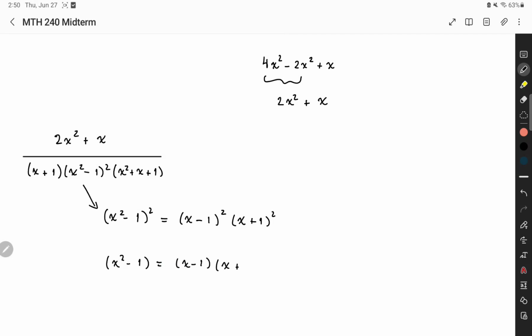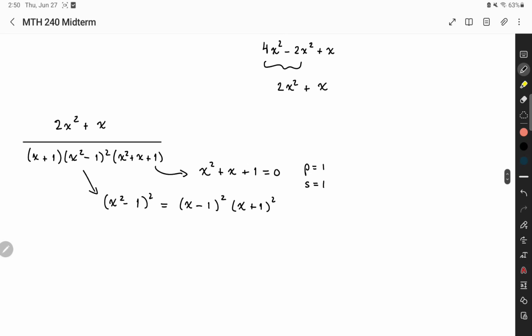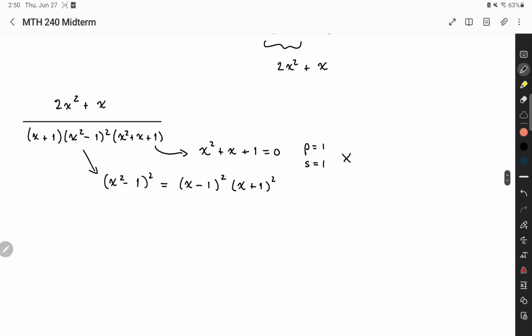And since it's to the power of 2, that's why we have it to the power of 2. So that's that. What about this expression? Well, we can try factoring it. Our product would be 1, our sum would be 1. So yeah, you can't really factor this. So we'd have to leave that as is.